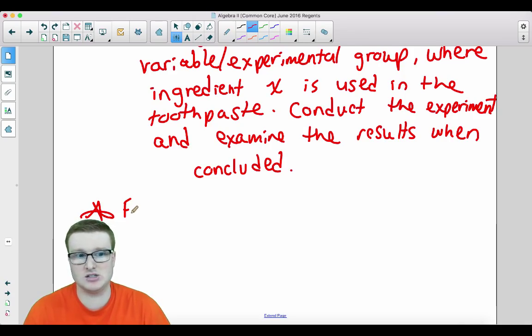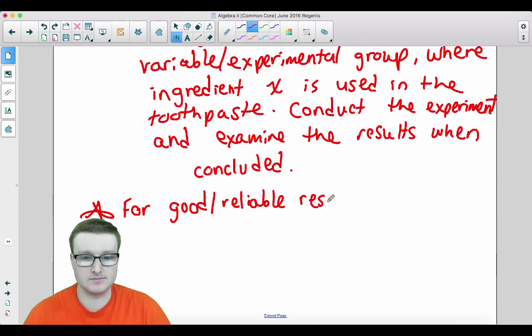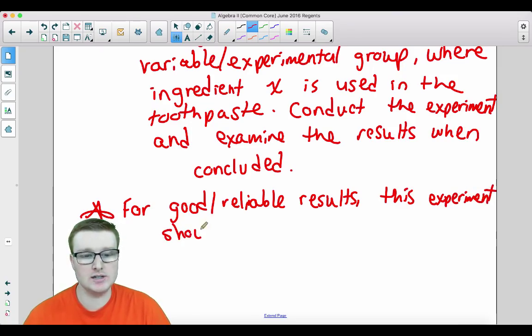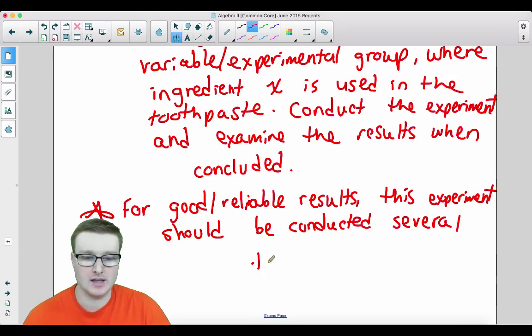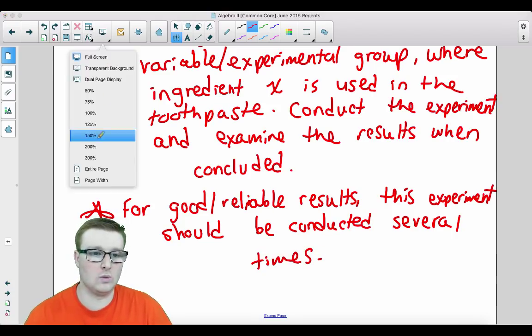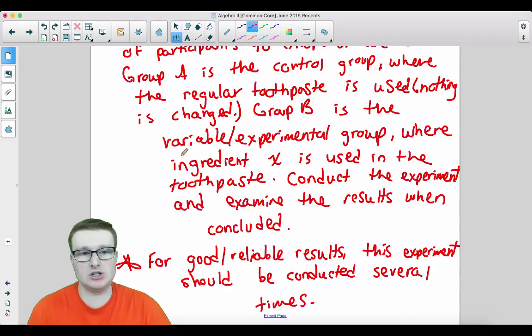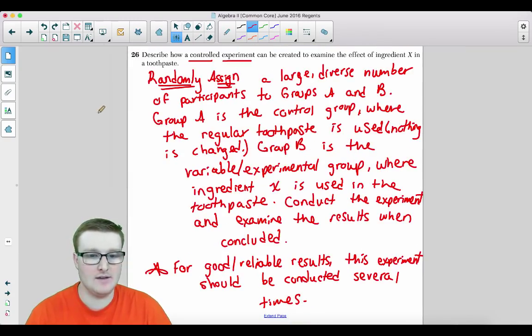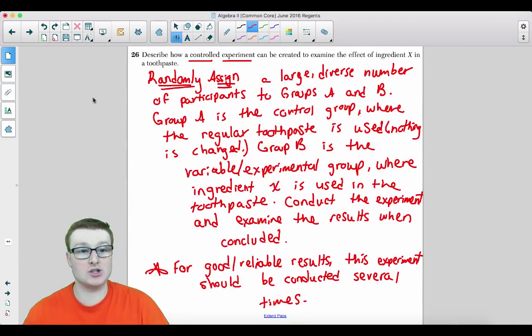You could say, for good, reliable results, this experiment should be conducted several times to get accurate results. Because if you only conduct it once, what good does that do? So you really should be conducting it several times in order to get very accurate results. And that's how you do that question.